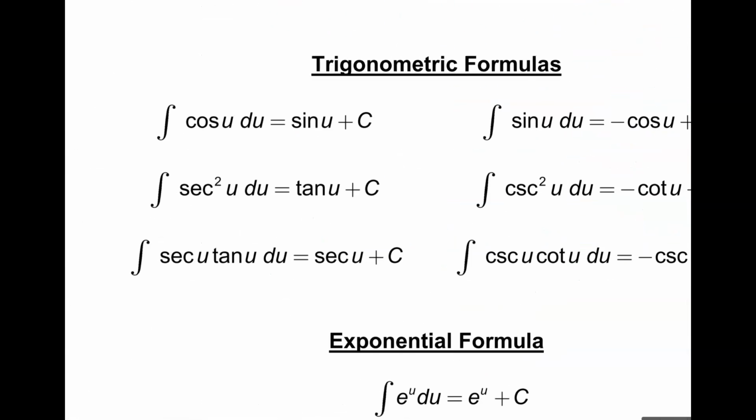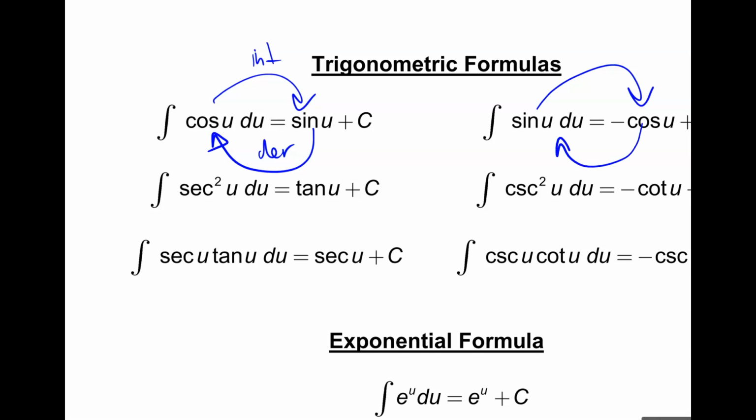The trig formulas. So the integral of cosine is going to be sine, integral of sine is negative cosine, and how we do that is if we take the derivative, literally go backwards: derivative of sine is cosine, derivative of negative cosine is sine, right? Taking the derivative versus the integral. So the main three that I've asked you to know are these three.